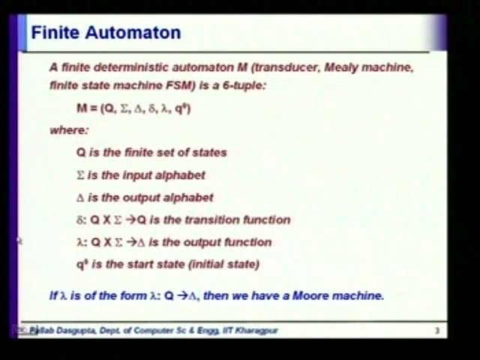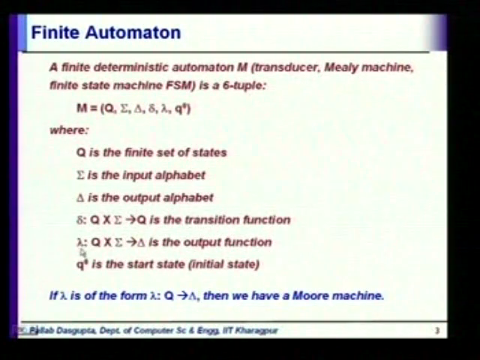To start with, a deterministic finite automaton M, which is alternatively called a transducer or a Mealy machine, as you may be aware, is a 6-tuple M = (Q, Σ, Δ, δ, λ, Q0), where Q is the finite set of states, Σ is the input alphabet, Δ is the output alphabet, and the small δ is the transition function which takes a state and an input and maps into the next state.